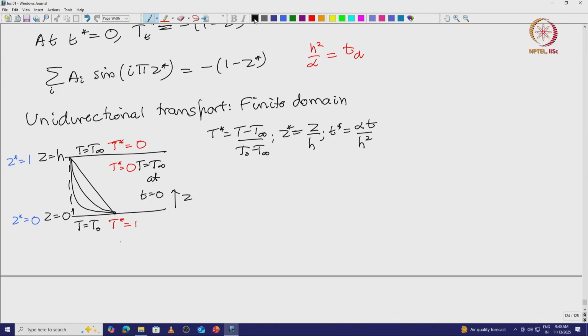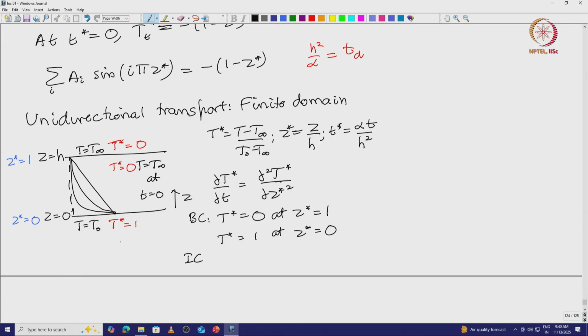Once we do this, we found that the equation was of the form partial T star by partial t star is equal to d square T star by dz star square. The boundary conditions were T star equal to 0 at z star equals 1, and T star equal to 1 at z star equals 0.